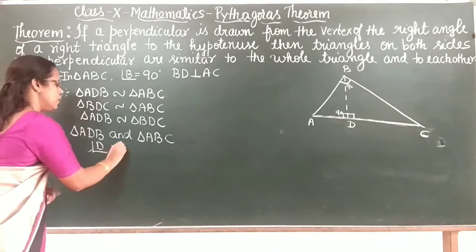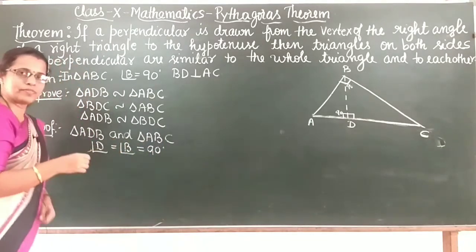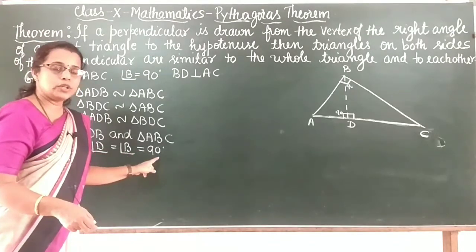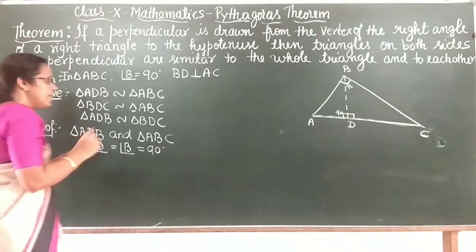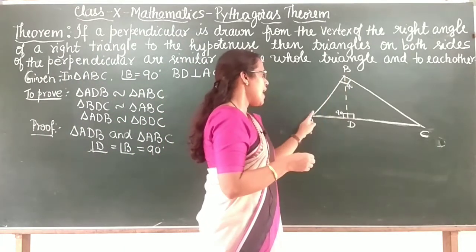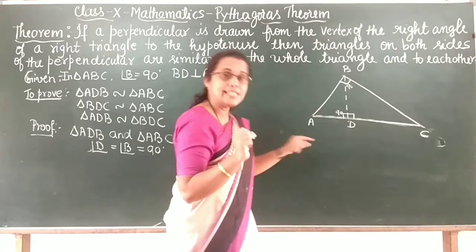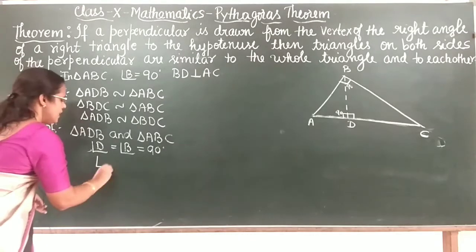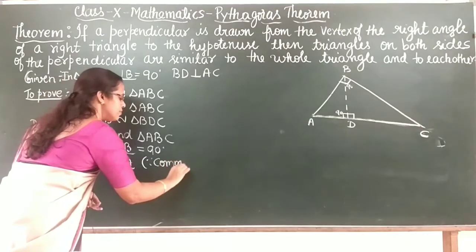So while writing you can write angle D is equal to angle B is equal to 90 degrees. Then one angle is common here: angle A is the same in both ADB and ABC. So you can write angle A is equal to angle A, that is called common.